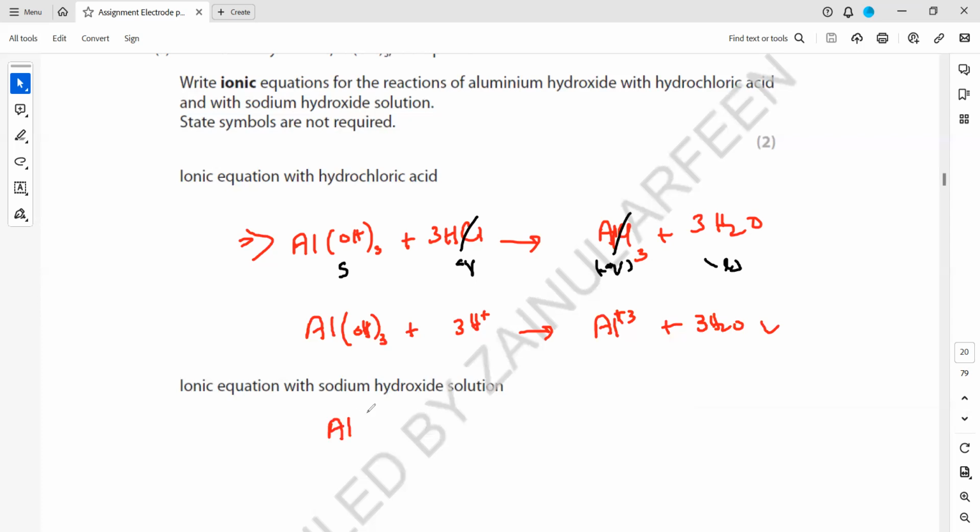So if I write the equation, sodium hydroxide plus aluminium hydroxide will result in the formation of sodium aluminate, NaAl(OH)4, as the product.